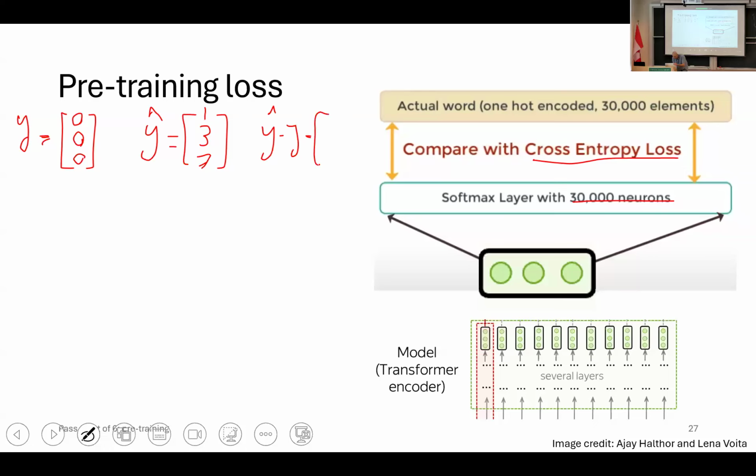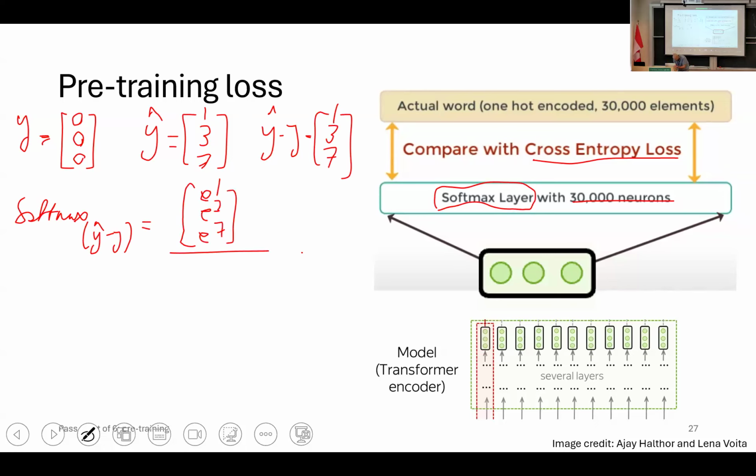Their difference is this, right? And we have softmax. Softmax works like this. Softmax of y hat minus y is e to the power of 1, e to the power of 3, e to the power of 7 divided by this.